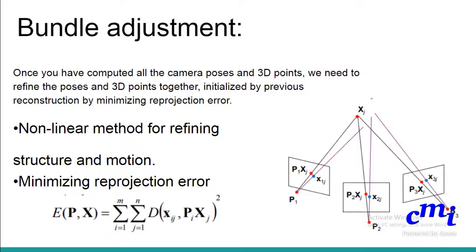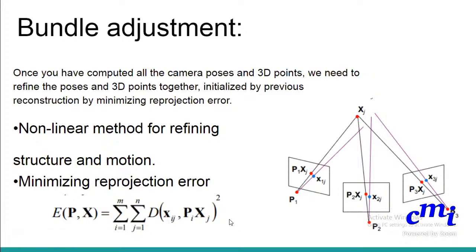It's a non-linear algorithm. So what it does is, you know the X of interest, you know the camera poses also. You simply take a projection of this point, whatever you have calculated in 3D coordinates, onto the image plane, and you calculate the difference on the image plane. What is the difference between the projected point and the actual point, since you know the correspondence point. So you take the squared differences.